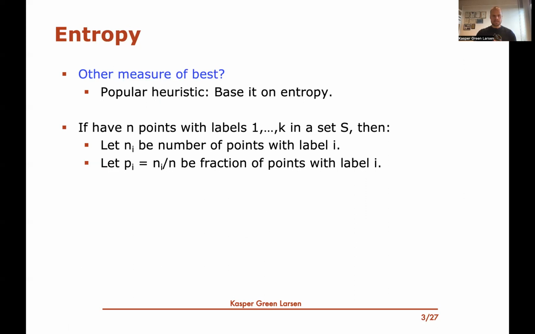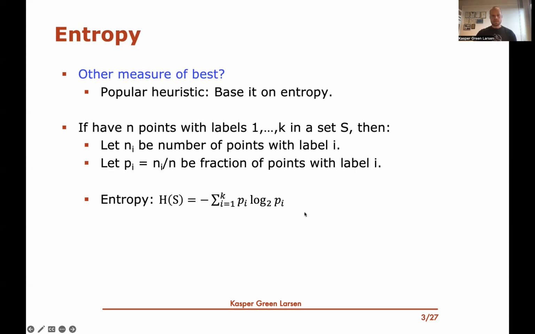Once we have these p_i's, we can then define the entropy of this set of labels S as the sum here. You sum over all the different possible labels 1 through k. You have a minus 1 in front, and you take the fraction of points with label i and multiply it with log of the fraction of points with label i.